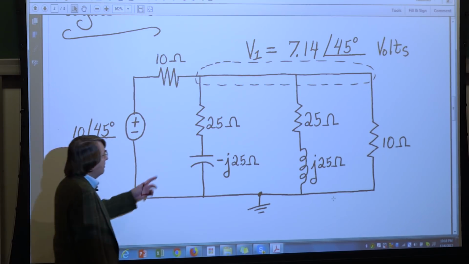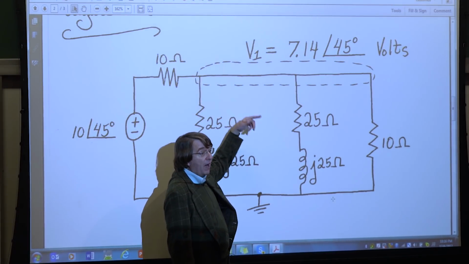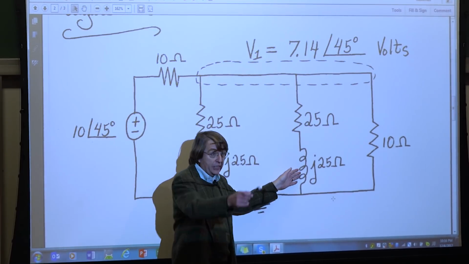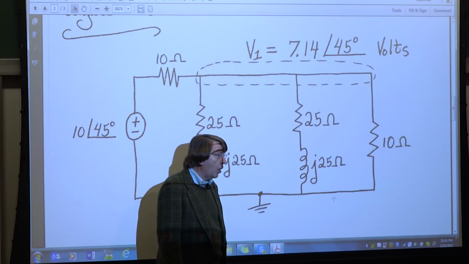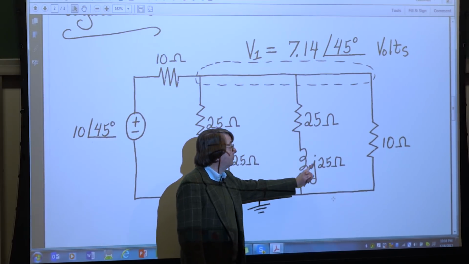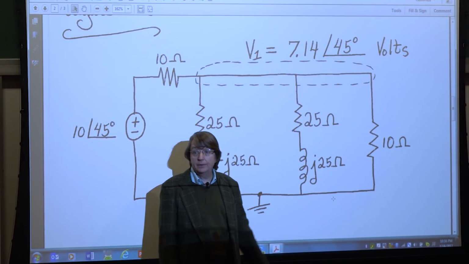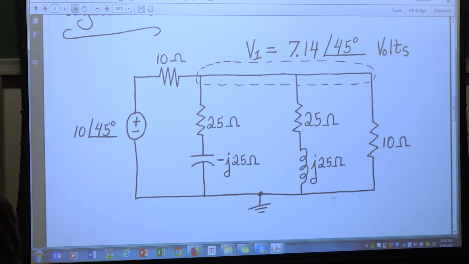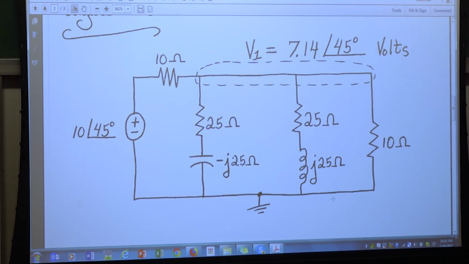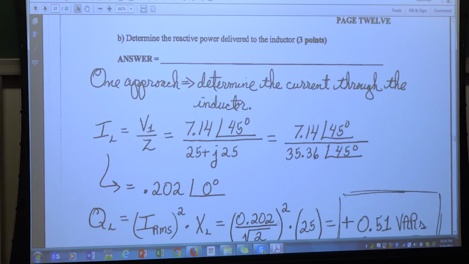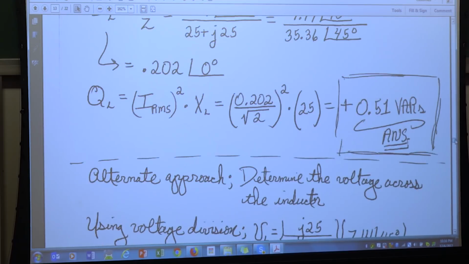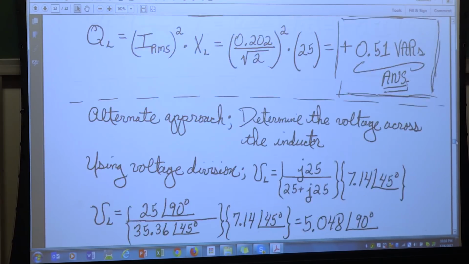Again, it's going to be V1 divided by 25 plus J25. That gives me the current. And then I just take IRMS squared times plus 25. If you prefer voltage division, you can do it that way also. So this is now part B, and the alternate approach is voltage division.